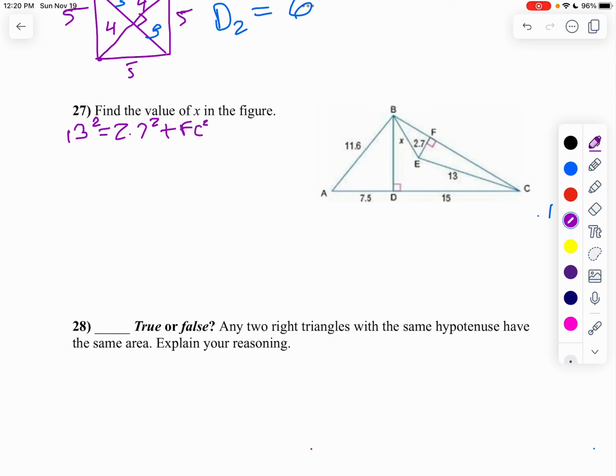Well, notice when I do 13 squared, that's 169, isn't it? So 169 equals 2.7 squared, which is 7.29, plus FC squared. Well, I subtract 7.29 from both sides.